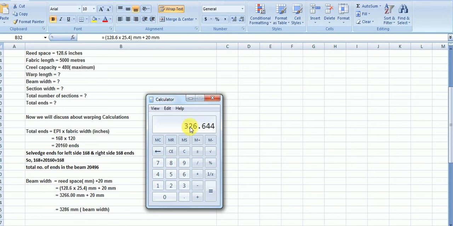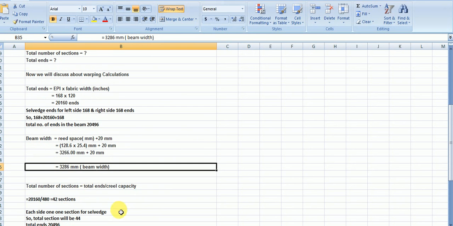In mm, 3266 I have taken here, plus add 20 mm extra. 3266 plus 20 will come to 3286 mm. Beam width in mm is 3286. So now we can decide the sections, how many sections we wrap on the beam.